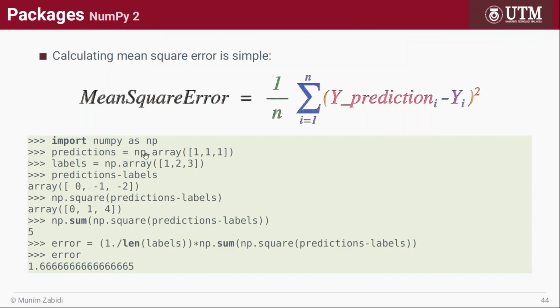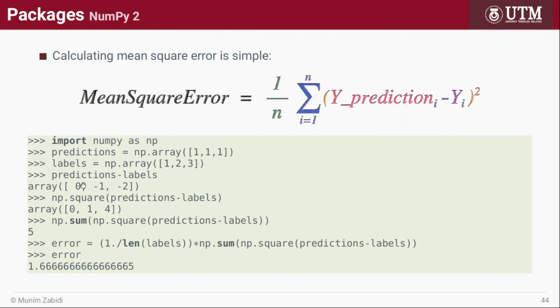So what we do, we can create an array called predictions for the three predictions. We can create another array for the labels, for the actual value that we want, and then we can subtract to find the difference. So predictions minus labels will subtract item by item.